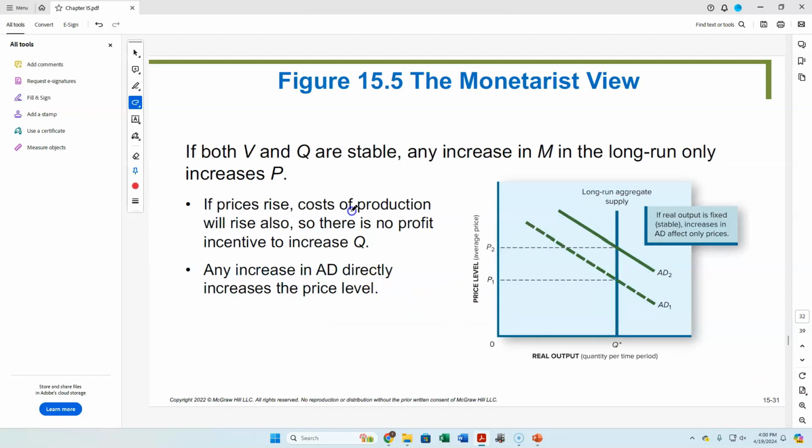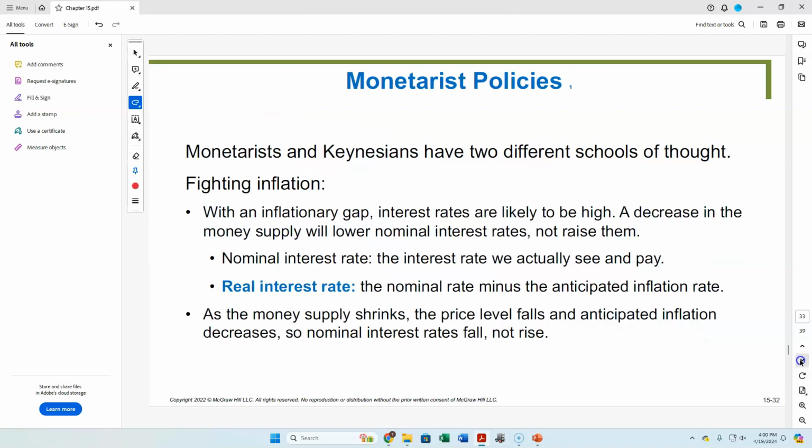So again, what the monetarists have to assume is that if these are stable, then changing the money supply changes the price level. Maybe not necessarily at a 1-to-1 ratio, but that they're at least strongly related in a causal way.